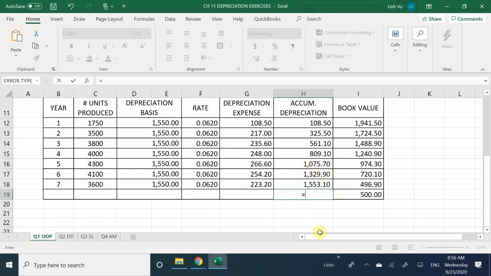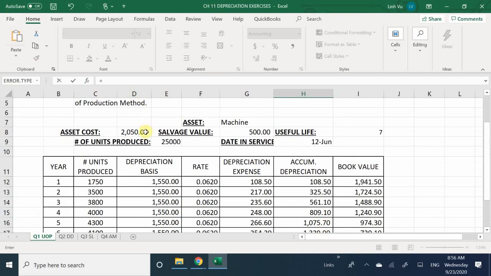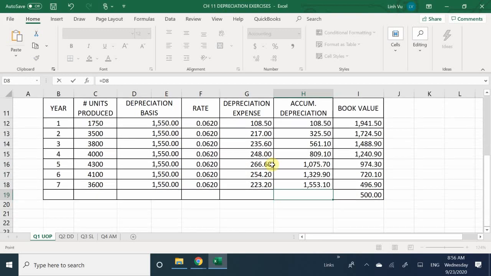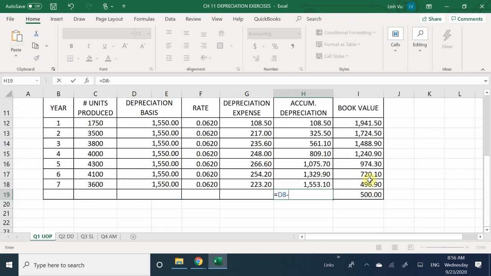It should be the asset cost. Yeah, that's right. Your asset cost minus the book value. So here's my asset cost minus the book value of 500, which should give me accumulated depreciation of 1550.